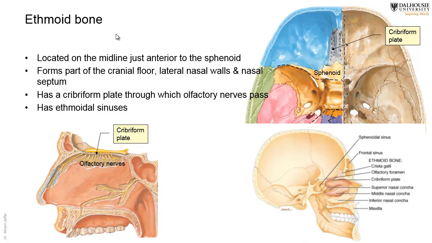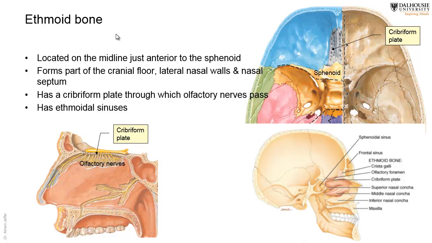Ethmoid bone is a very complicated bone. It has different parts, and you can see it from different locations. Inside the bone, there are also sinuses, called ethmoid air sinuses. This is the third group of paranasal sinuses. So we have frontal, sphenoid, and ethmoid sinuses.